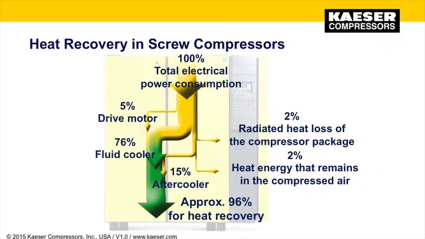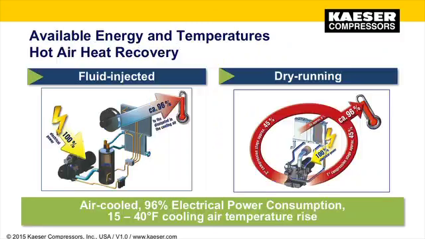The amount of heat recovered using these systems will vary if the compressor is used as a trim unit with variable load. The two most popular types of compressors are electrically driven fluid-injected screw compressors and the dry-running or oil-free screw compressor.